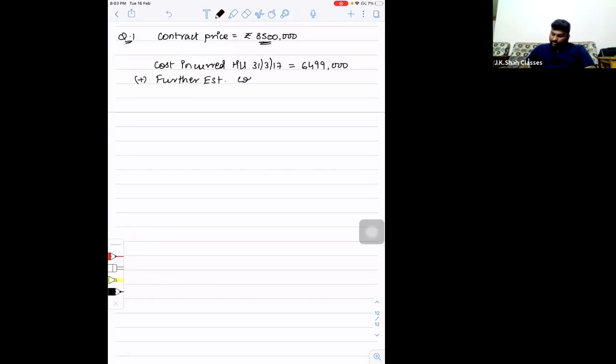First, contract price: 85 lakhs. Correct? Cost incurred till 31st March 2017, 64,99,000, plus further estimated cost 32,01,000.